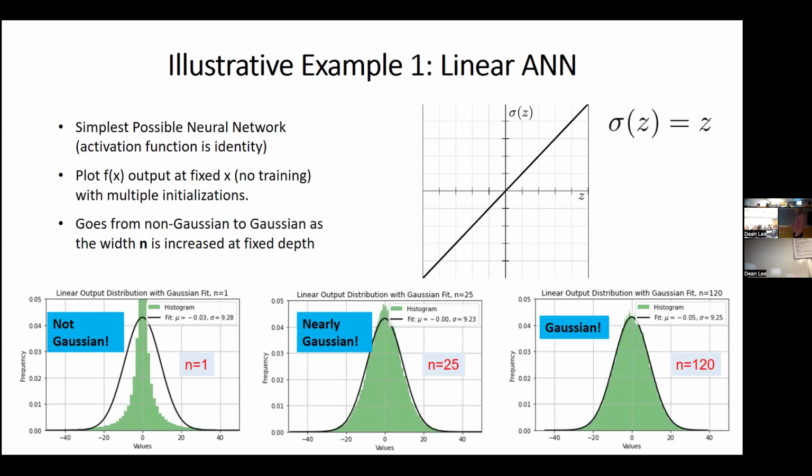And so as I increase the width from 1 to 120, we go from something that is not a Gaussian to something that is basically a Gaussian up to some fluctuations.